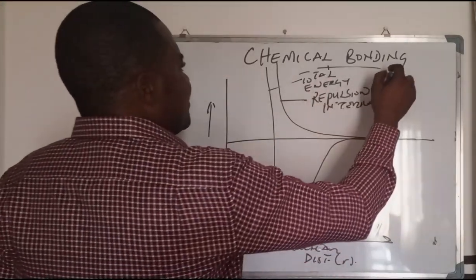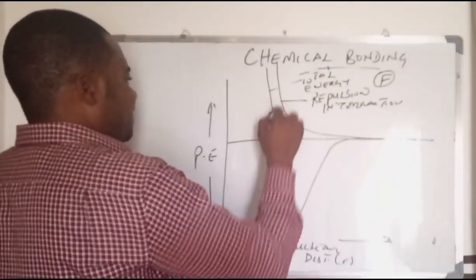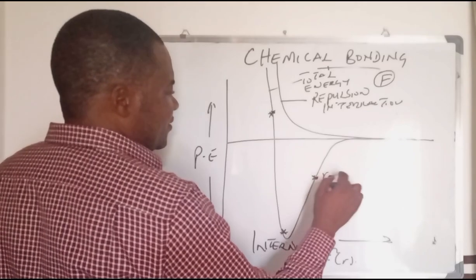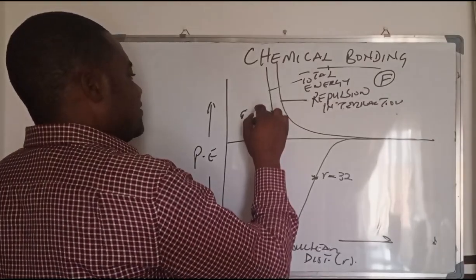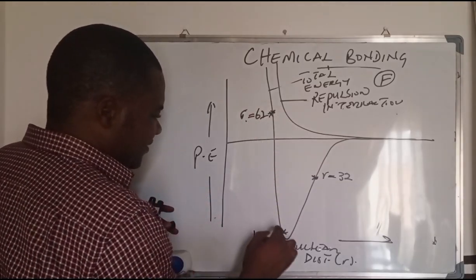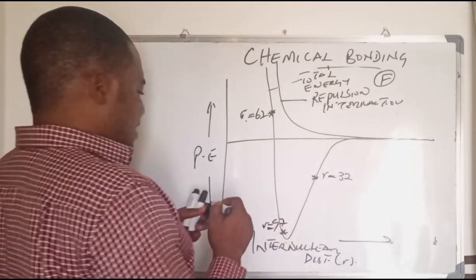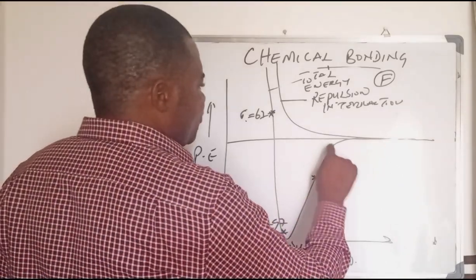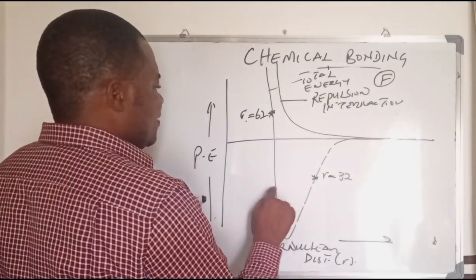And here we find fluorine, and then we have some points here. They explain the radius, the internuclear distance. Let's say this is 67, let's say this is 97, and then at this point, let me make this a dotted line so it is different from the rest.